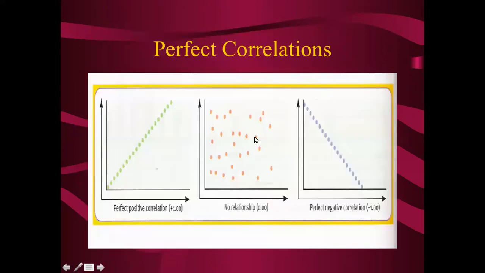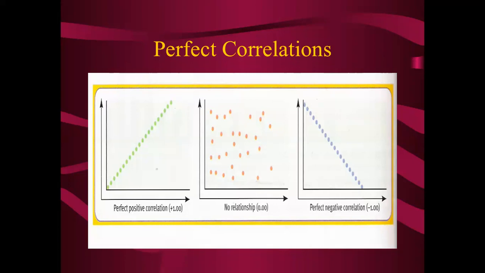So let's continue. Now, a perfect correlation is a correlation where you can connect all the dots in a scatter plot with a single straight line. Now, a perfect correlation of positive 1.00, you'll see that it's sloped upward to the right, but you can connect all the dots with a single straight line.